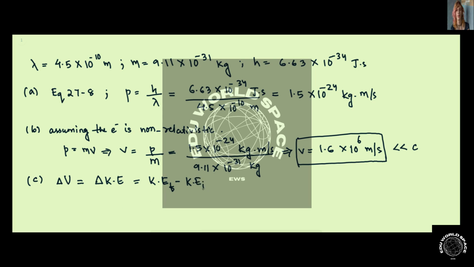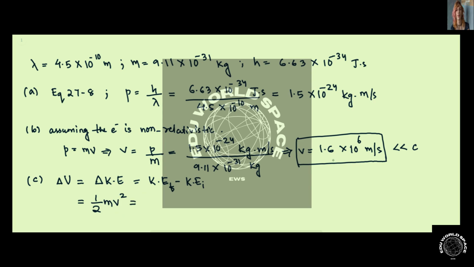Now, since the electron is starting from rest, the initial kinetic energy is basically zero. So the potential difference is just the final kinetic energy, which is equal to half m v squared.